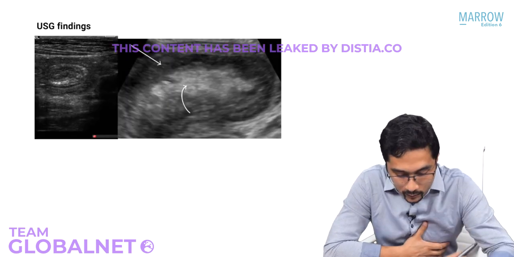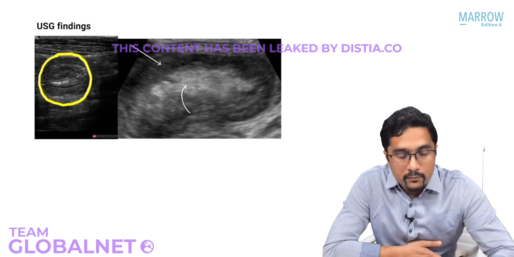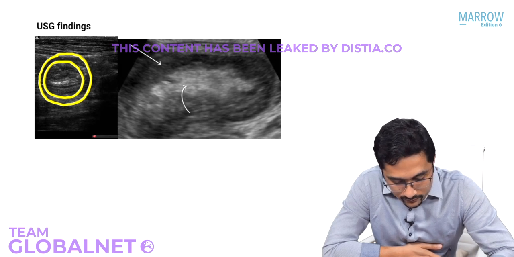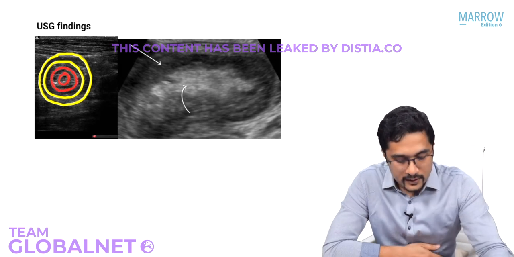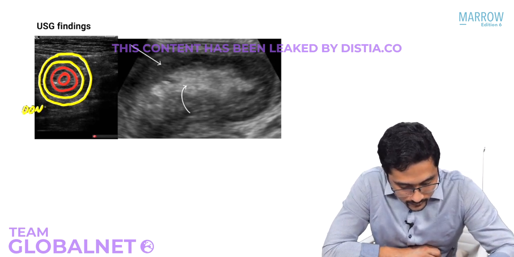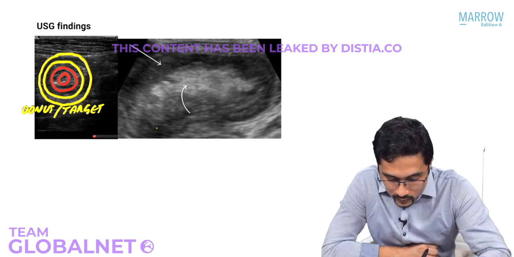These two signs are very important. You get the donut sign. So you will get one bowel loop, and you will have another bowel loop inside it. This is known as the donut sign or the target sign. Or you can get the pseudo-kidney sign.